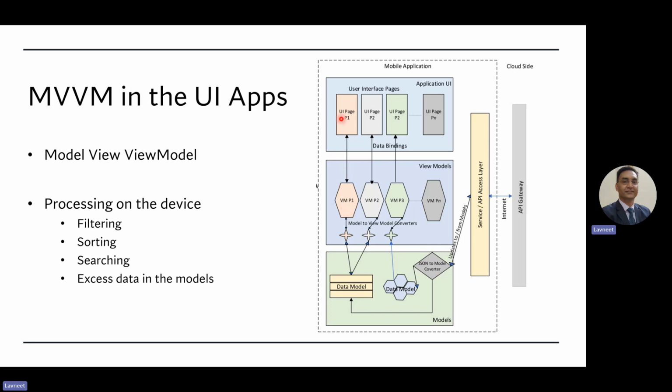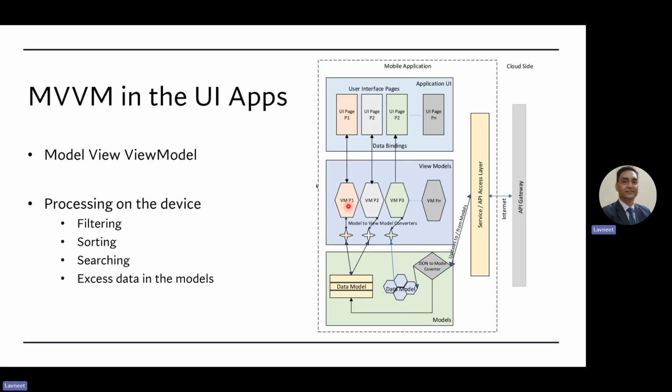These view model objects are one to one for each view, and they are connected to their views using data bindings. Basically, the objective of having data binding is that any change in view model state, any data update, automatically gets reflected in the view, and any input from the view automatically gets updated in the view model.